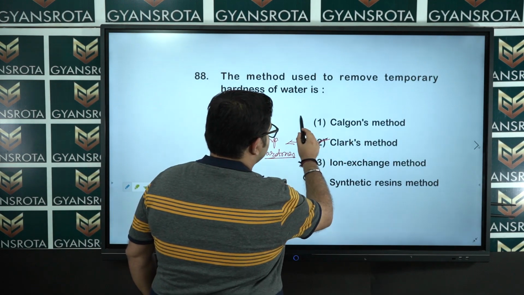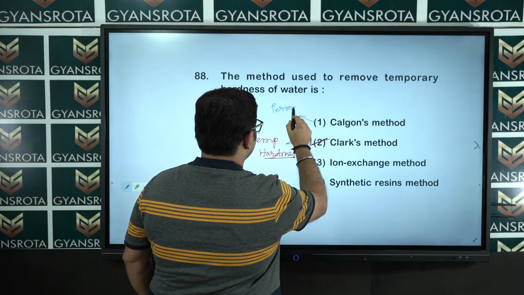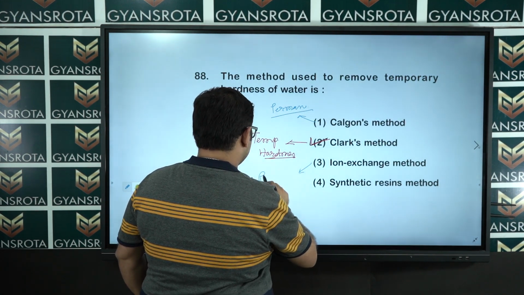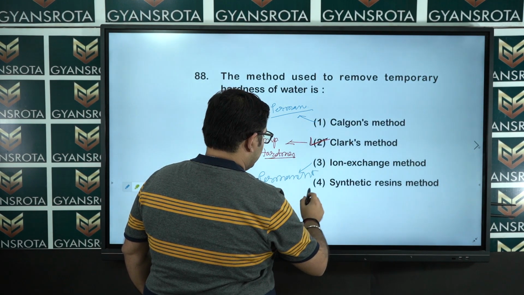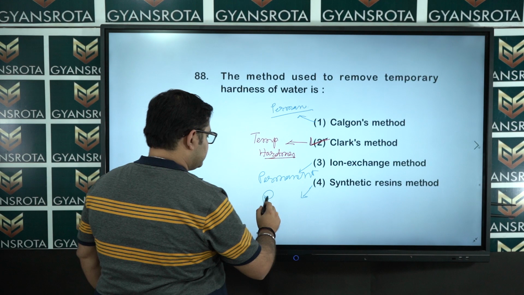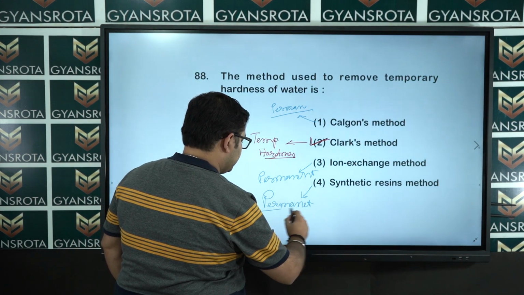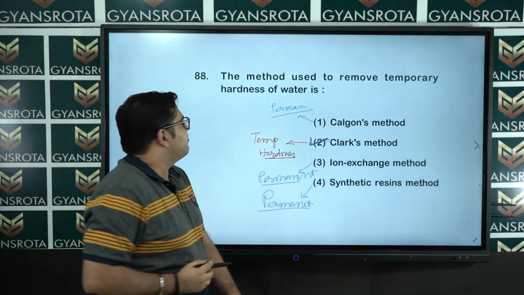And the remaining ones are used for the permanent hardness. Option number 3 is also used to remove the permanent hardness, and option number 4 is also used to remove the permanent hardness. So, option number 2 is the correct answer of question number 88.